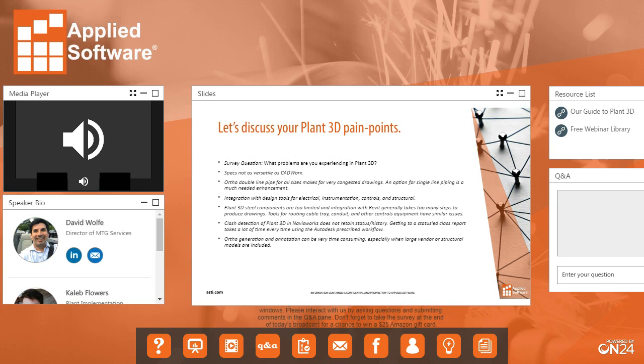If the consensus is that modifying a spec in CADWorks is faster and easier than it is in P3D, is that just a function of the user having had a lot of time and familiarity with CADWorks versus the P3D engine, or is it really a limitation of the tool?